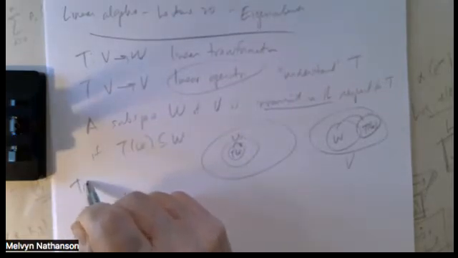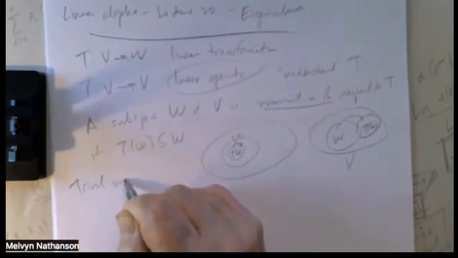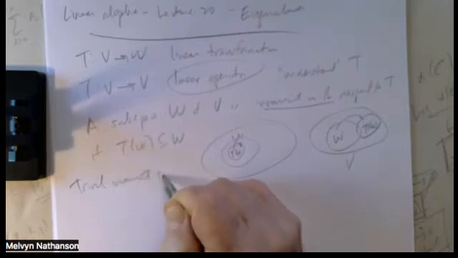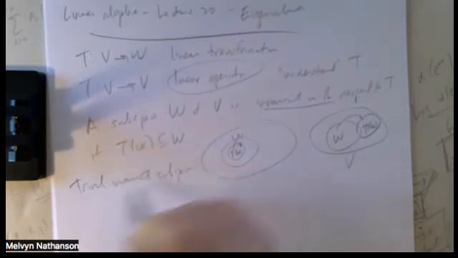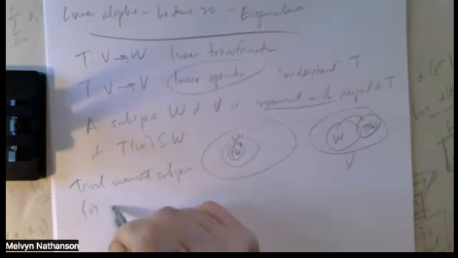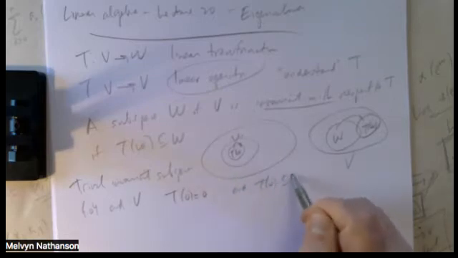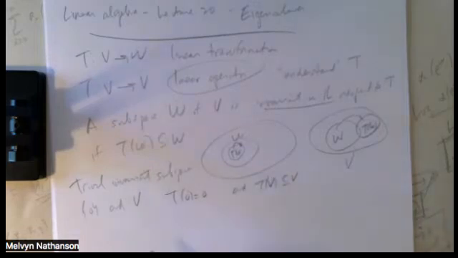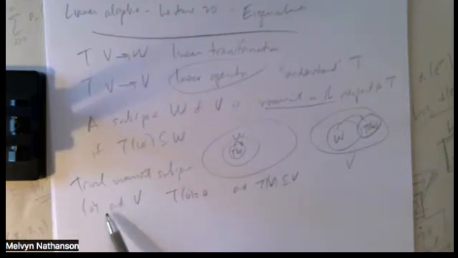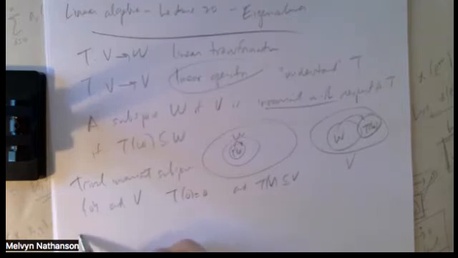So there's sort of two trivial invariant subspaces, 0 and V itself, because T of 0 is 0 for every linear map, and T of V is certainly contained in V. Could be equal to V, but it's contained in V. So these are the trivial invariant subspaces, and we're interested in the non-trivial ones, if they exist.